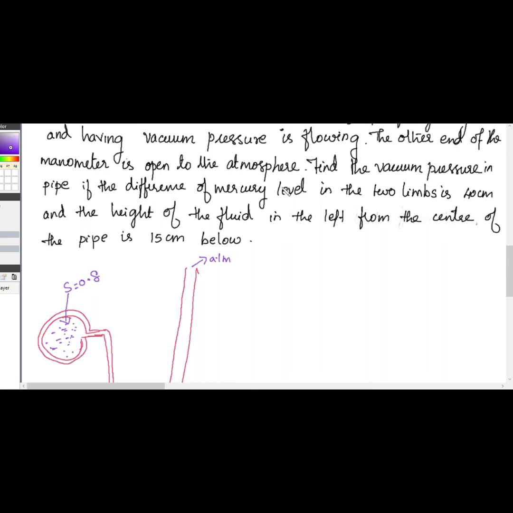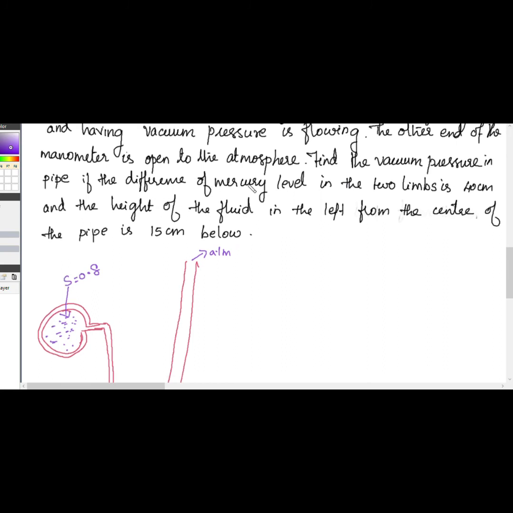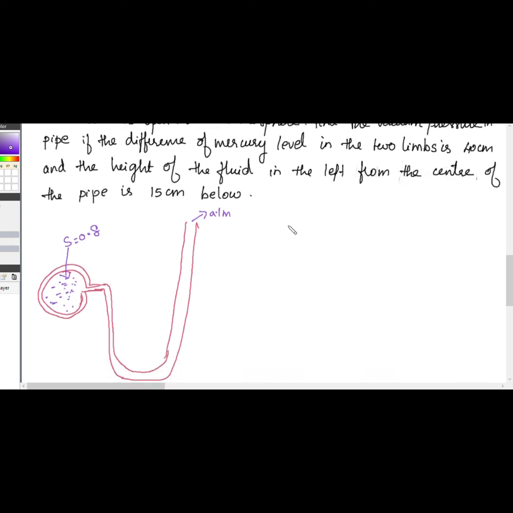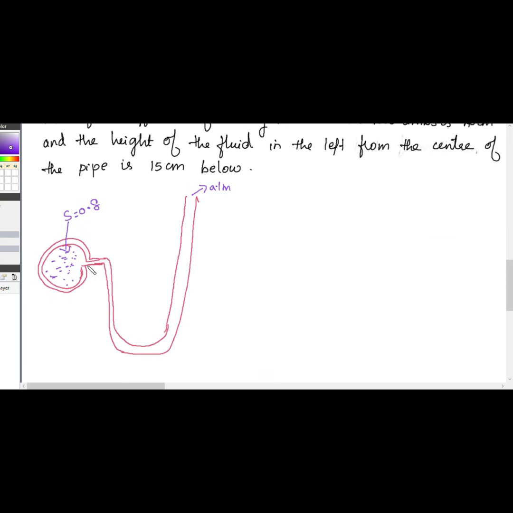Find the vacuum pressure in the pipe if the difference of mercury level in the two limbs is 40 centimeter. Listen. Since it is a vacuum pressure, the level of this liquid will be somewhere up to this, and the level of the mercury will lie below the level of this liquid.